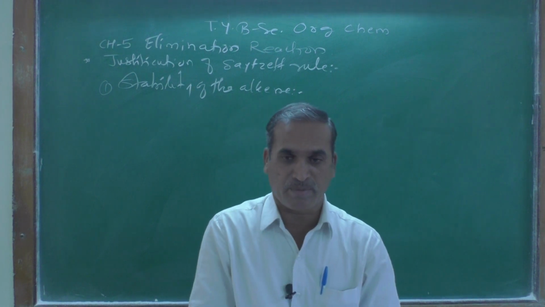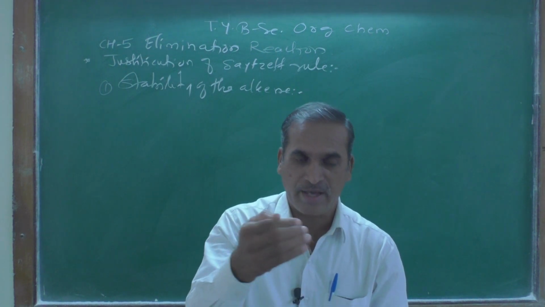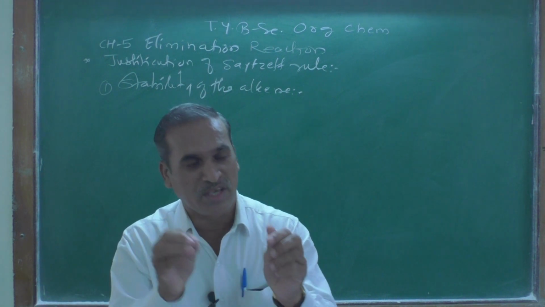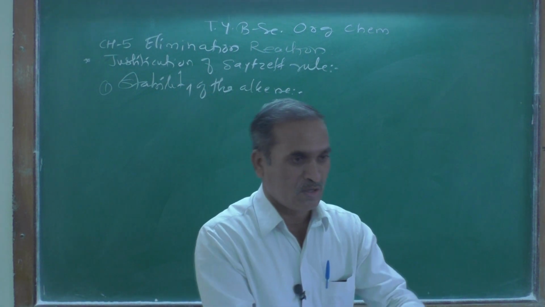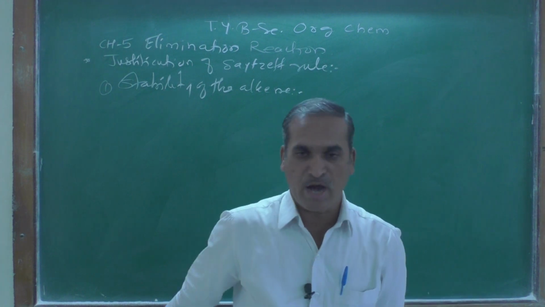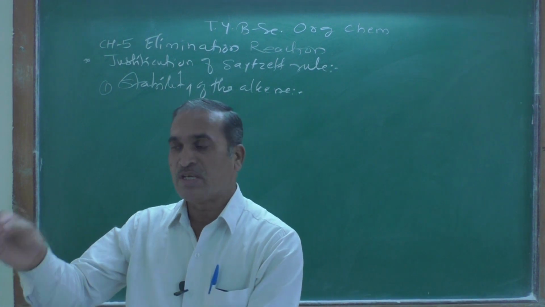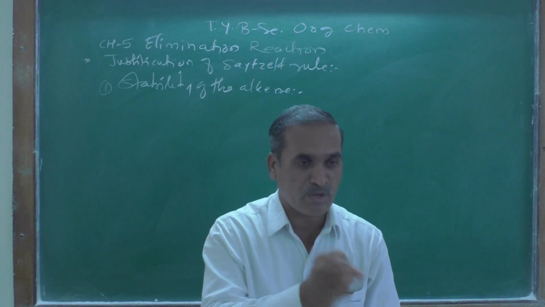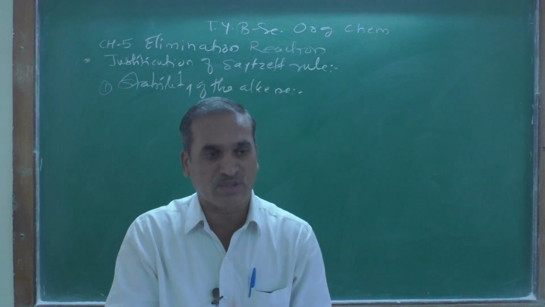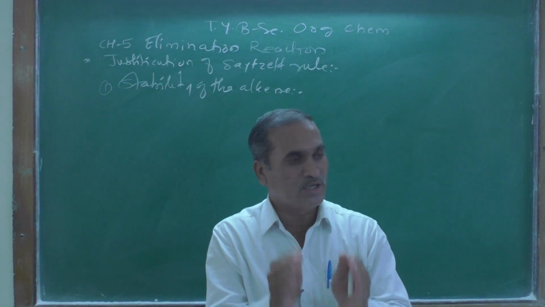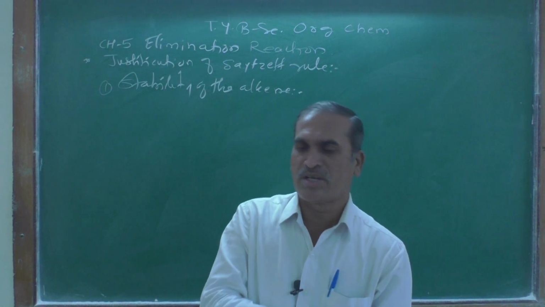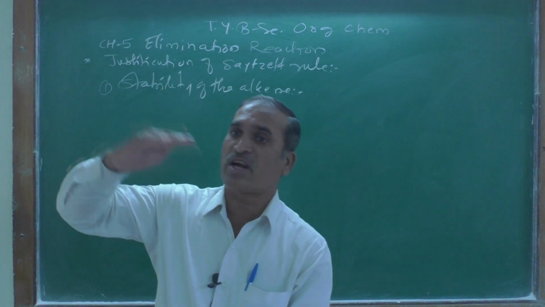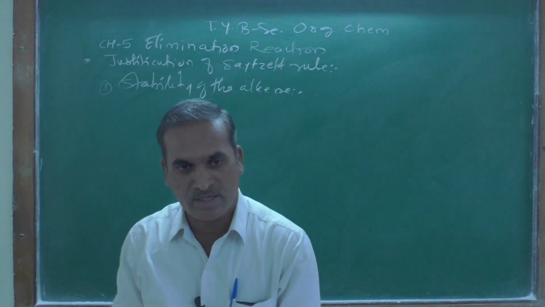Across the carbon-carbon double bond, when we add an H2 molecule, the amount of energy required for this hydrogenation reaction is called the heat of hydrogenation, which is related to the stability of that alkene. If the heat of hydrogenation energy is very less, then the stability of that alkene goes on increasing.